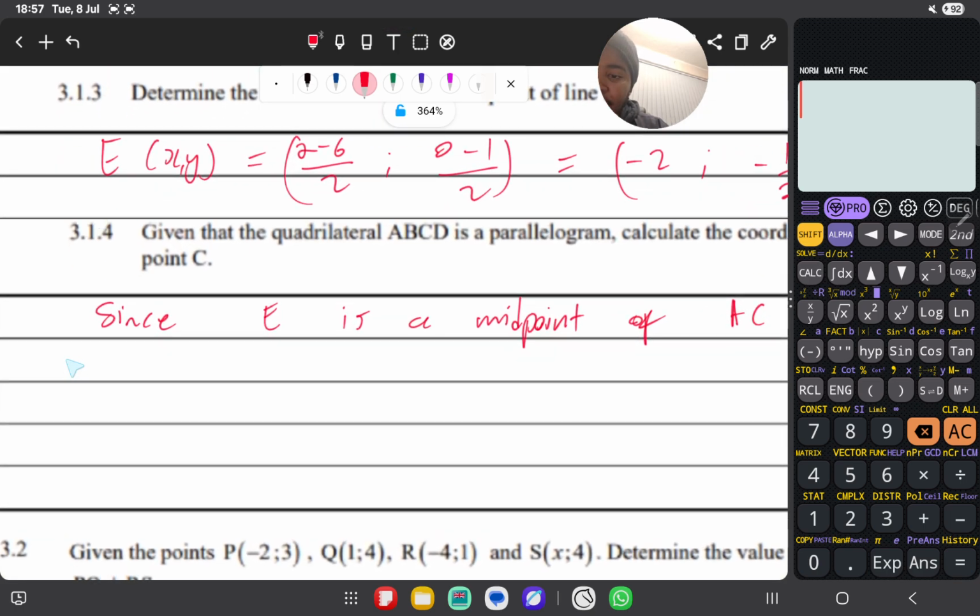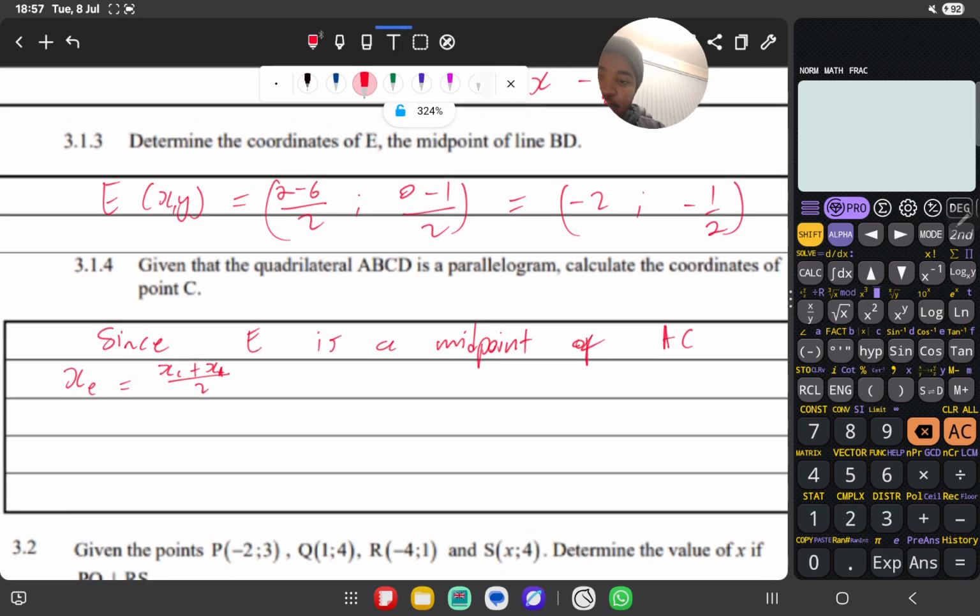We're going to have the x value of E is the x value of C plus the x value of A, divided by 2, right? So the x value of E, what is it? It's minus 2, right? The x value of C we don't know.